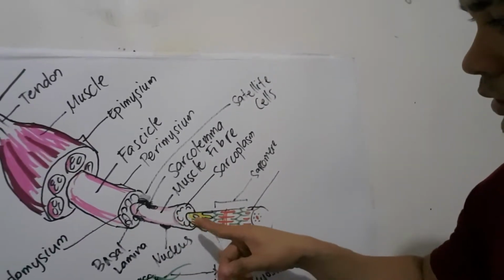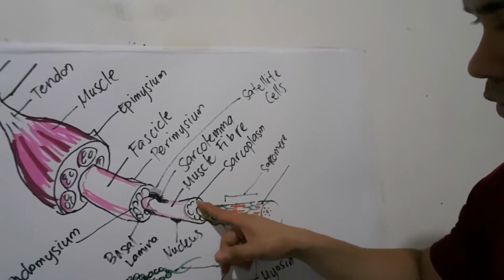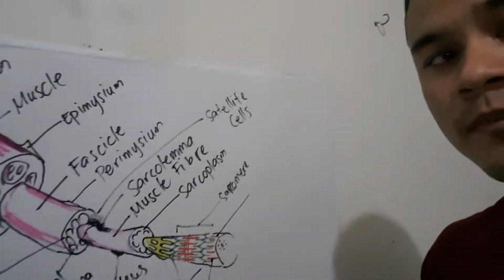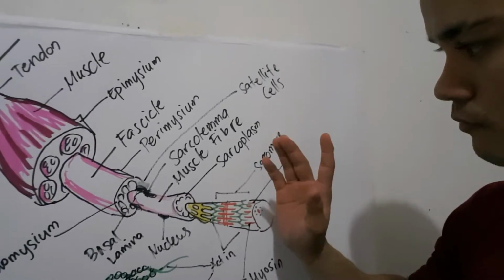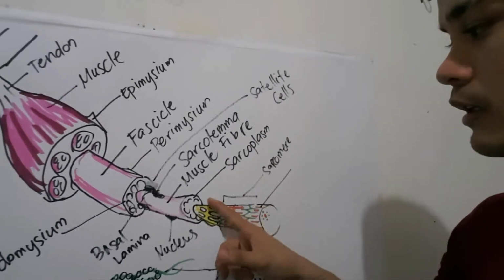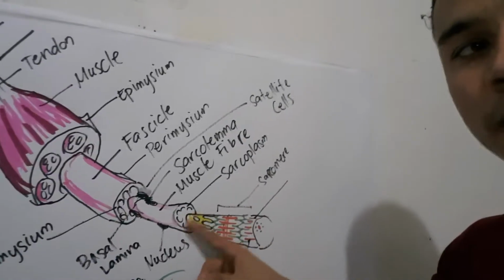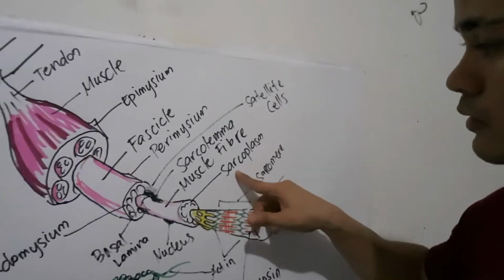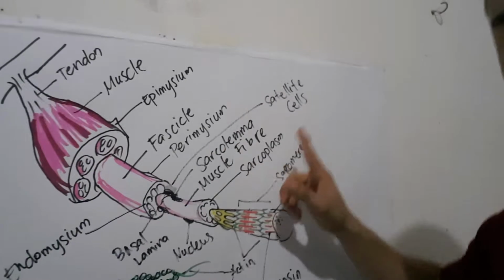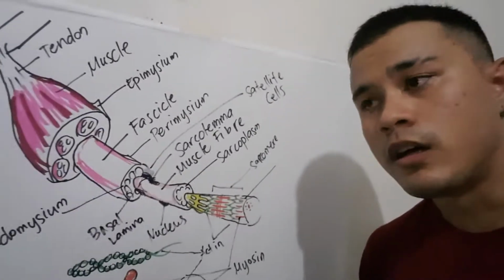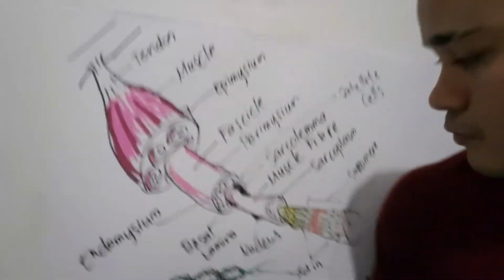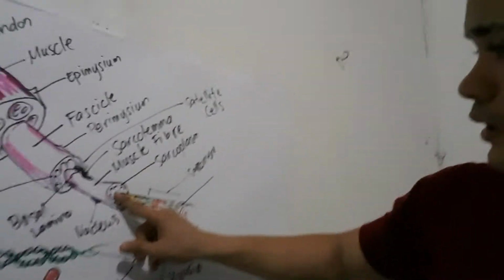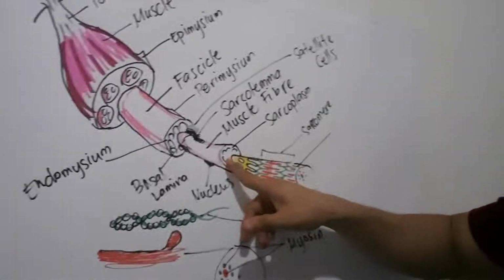Just like a regular cell, the muscle fiber contains cytoplasm, but here it's called the sarcoplasm. If you've noticed, the word sarco in Greek means flesh. Just a trivia.